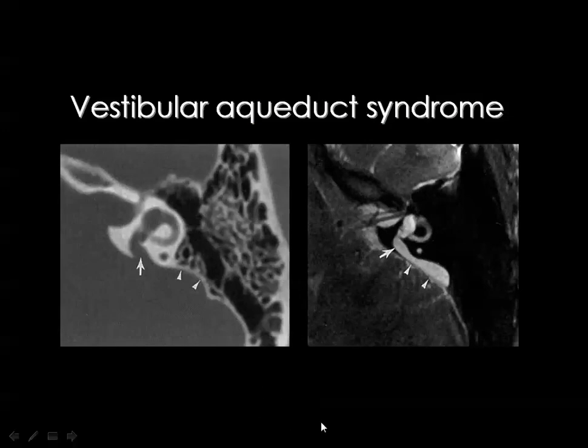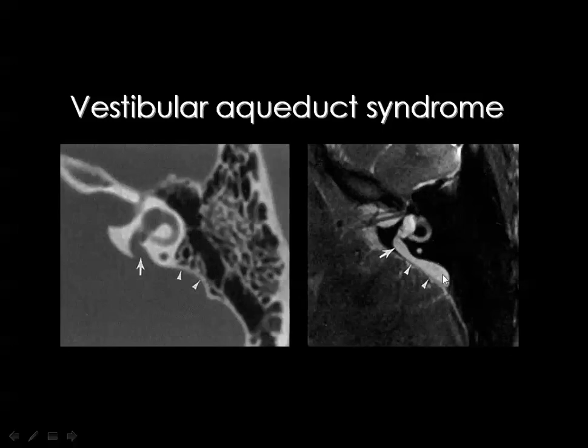By MRI, it's easy to see the endolymphatic duct and sac. This is the CT and this is the MRI. Here is the vestibule, lateral semicircular canal. The two dots represent the posterior semicircular canal, and this is the vestibular aqueduct and the sac, which are filled with endolymph.